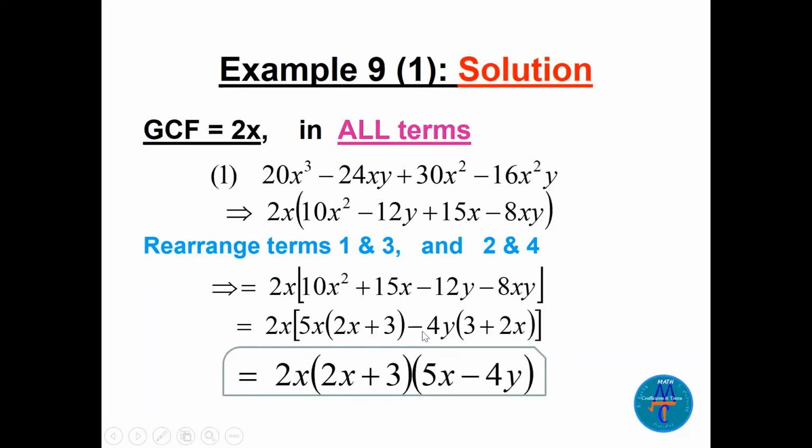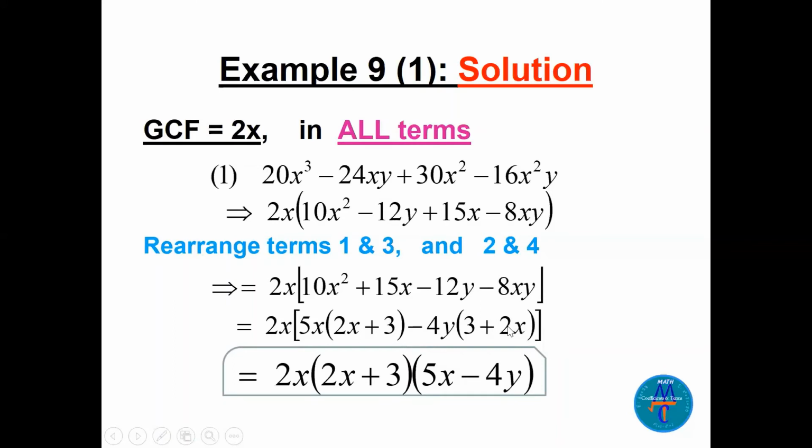So I can take minus 4 common, but remember to write plus inside. So 12y divided by 4y, 3. 8xy divided by 4y is 2x. Oh, I can see this 2x plus 3 is the same as 3 plus 2x.